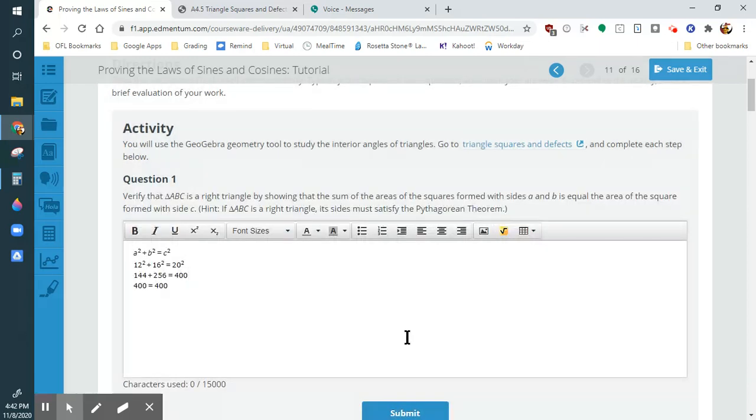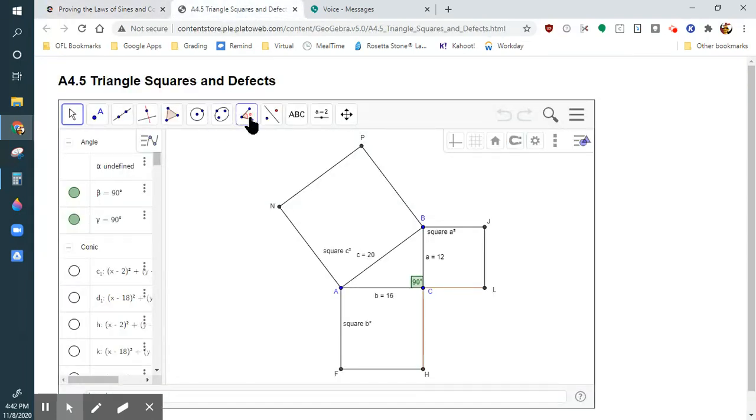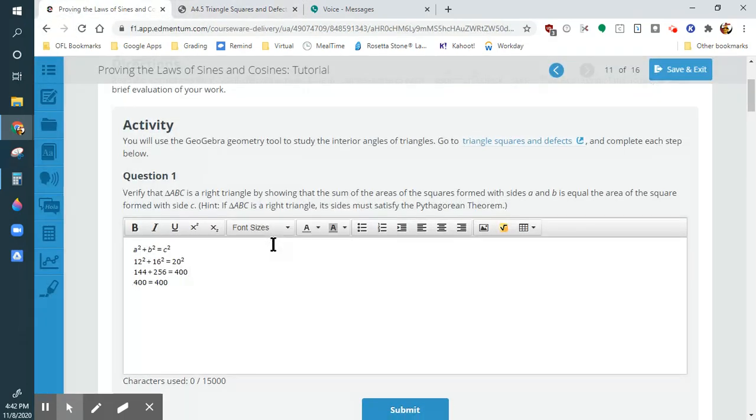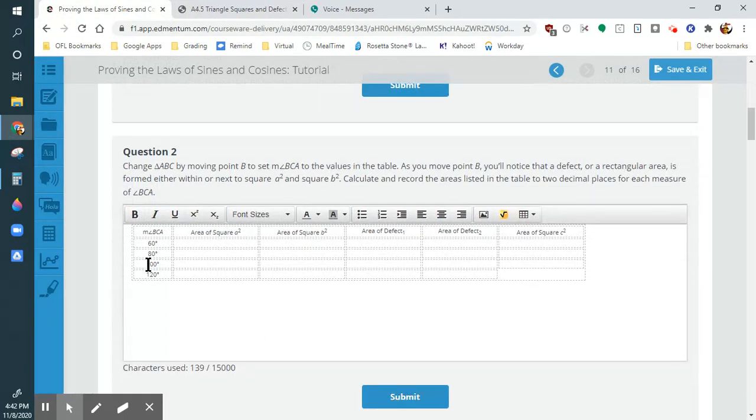Also, you could find the area, so you can use the area thing to measure it if you know how to do that. All right, so moving on here. Now change the angle, and we're going to do this. So in order to do this, I'm actually going to use the area thing. So area defect of that area, defect of 2.